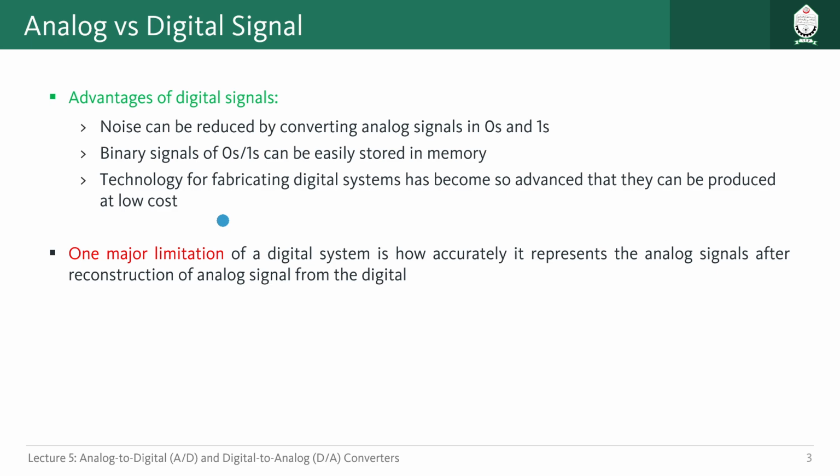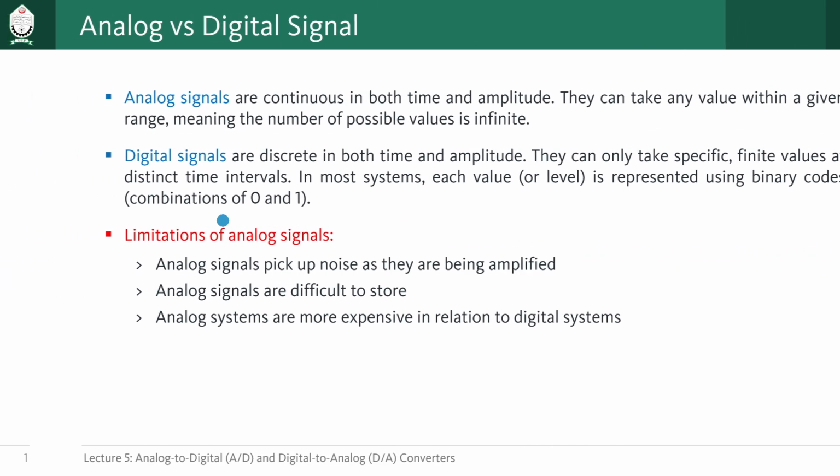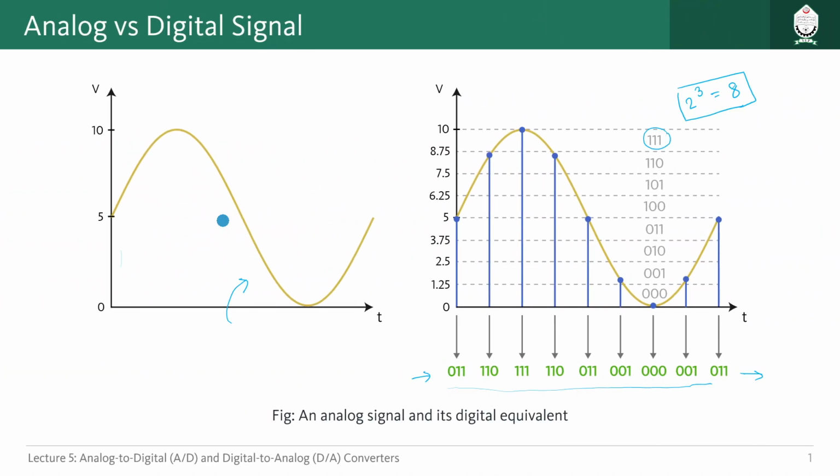One of the major limitations of our digital system is that, if you look at the previous graph, the continuous analog signal is the accurate representation of the signal. Whenever we sample it, we are losing some information here. When we quantize it, we are losing some information in the amplitude domain, right?